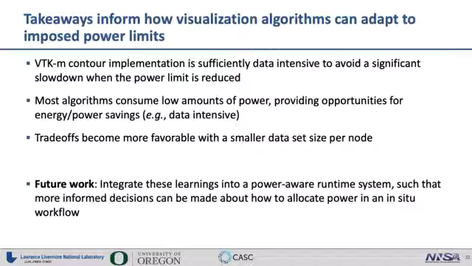In phase 2, when we varied the visualization algorithm, we saw that most of the algorithms consumed low amounts of power, and this provides opportunities for savings in power because they're data intensive. And in our last phase, where we varied the data set size, we saw that the trade-offs became more favorable with a smaller data set size per node.